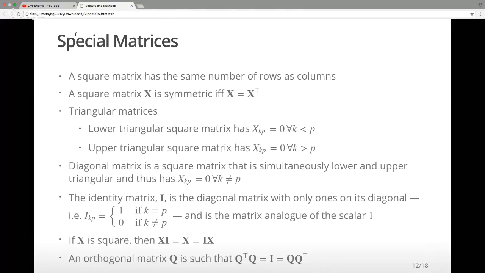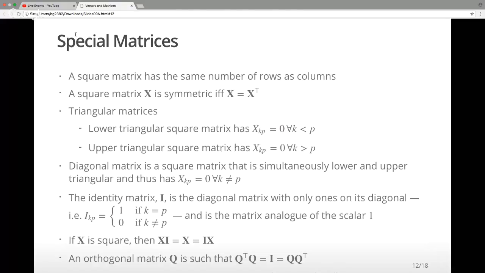Triangular matrices are a special kind of square matrix that have zeros in one corner or another. So a lower triangular square matrix X is going to have zeros anytime the column index is greater than the row index. So a lower triangular matrix is going to have zeros in its top right corner.